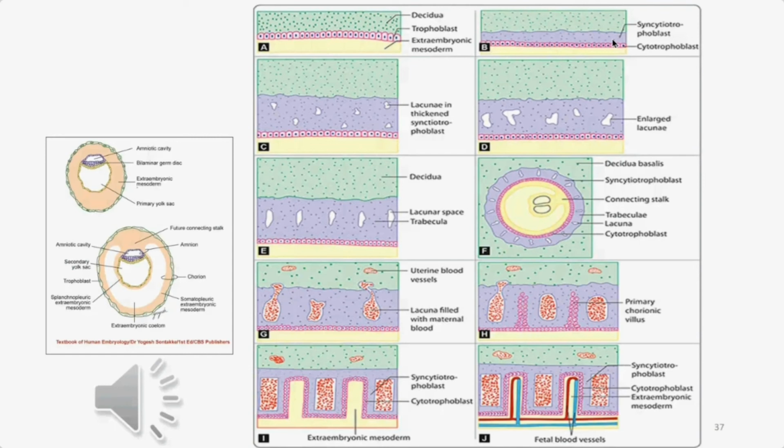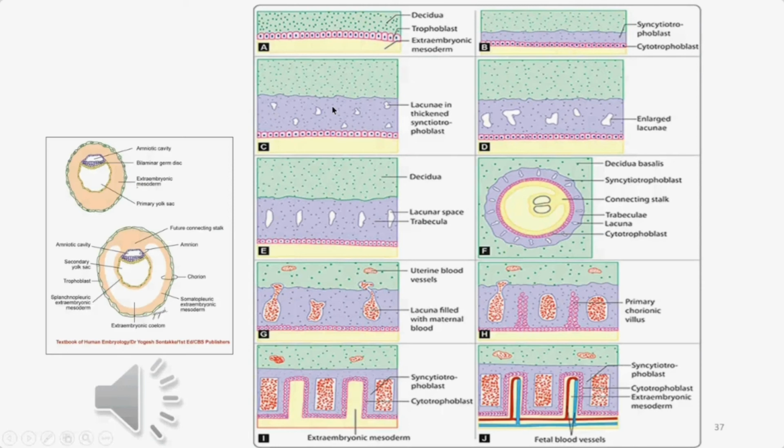Now what happens in the syncytiotrophoblast? The syncytiotrophoblast loses its cell boundary. So we can see only cytoplasm and nuclei. A layer of cytoplasm with multiple nuclei forms the syncytiotrophoblast, and then the cytotrophoblast.